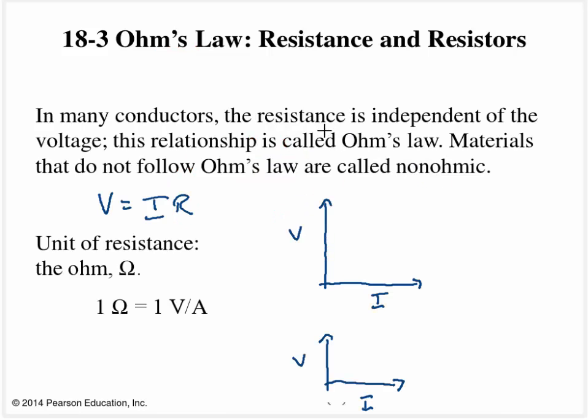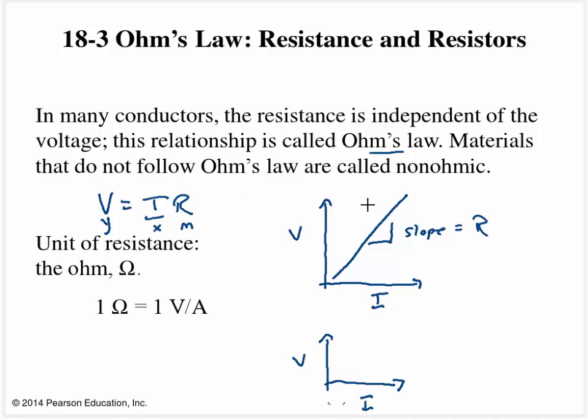Now, in many conductors, the resistance doesn't depend on the voltage across it, and so it's going to follow Ohm's law. So if I were to plot the voltage on the y-axis against the current on the x-axis, I would expect to see a nice straight line right there, where the slope would be equal to the resistance.